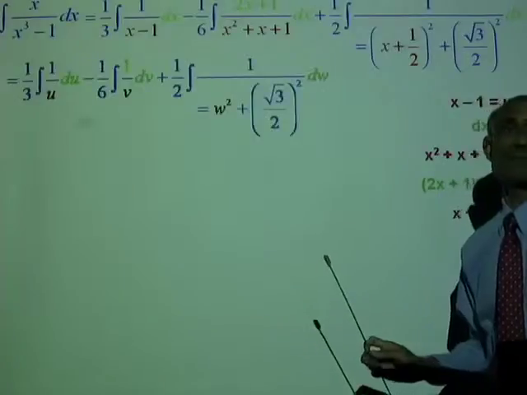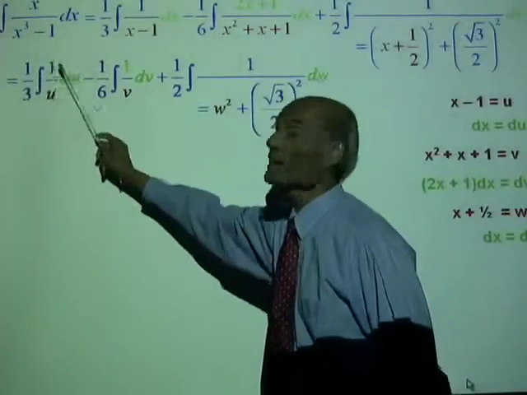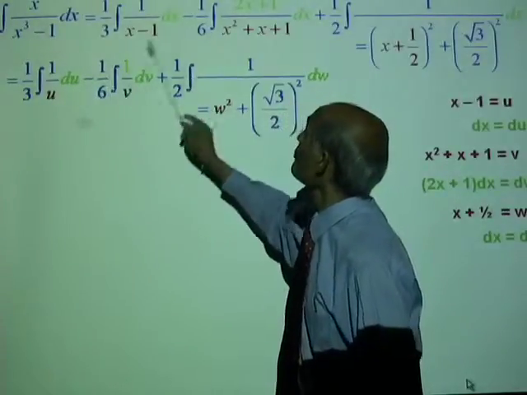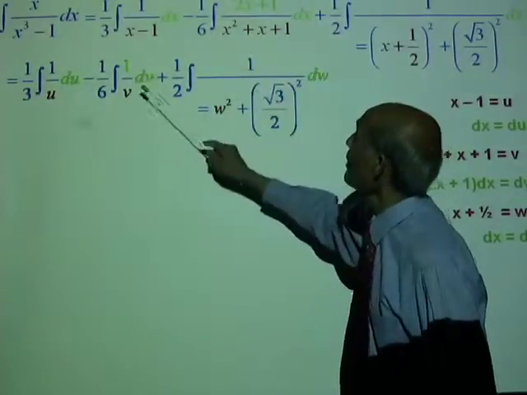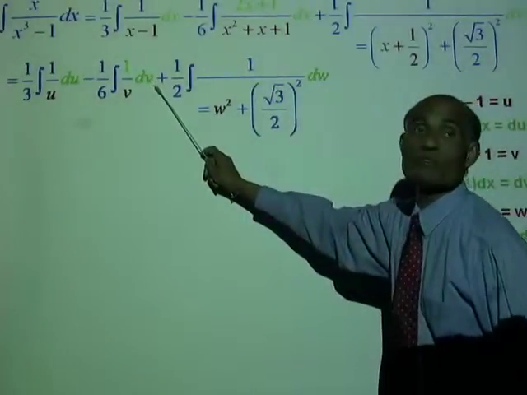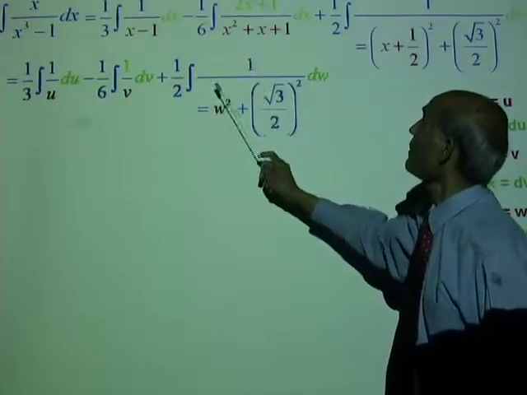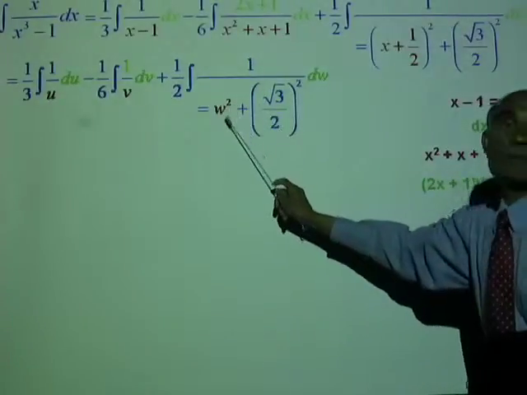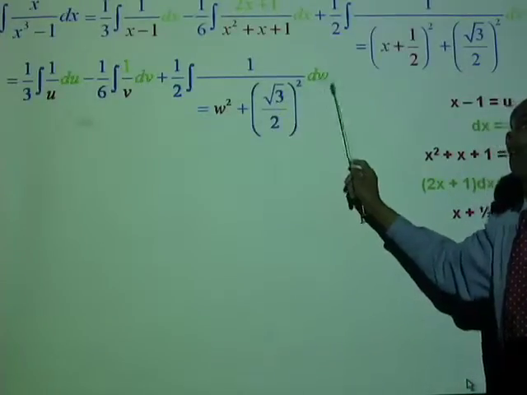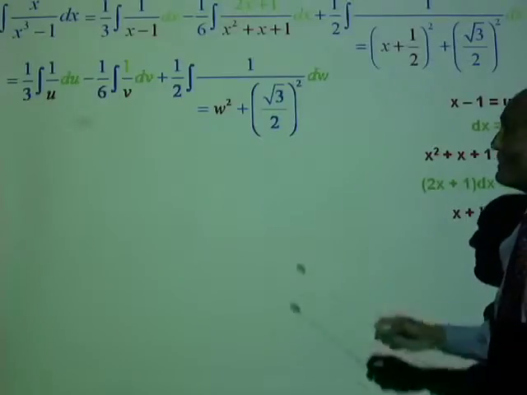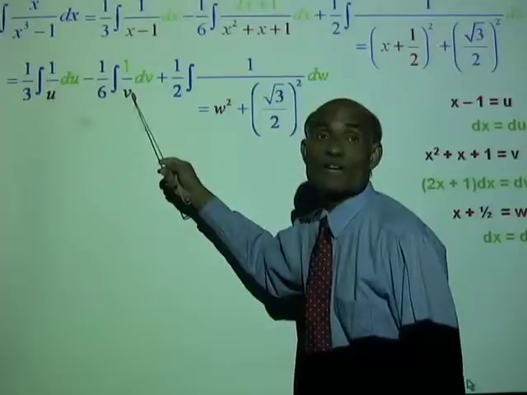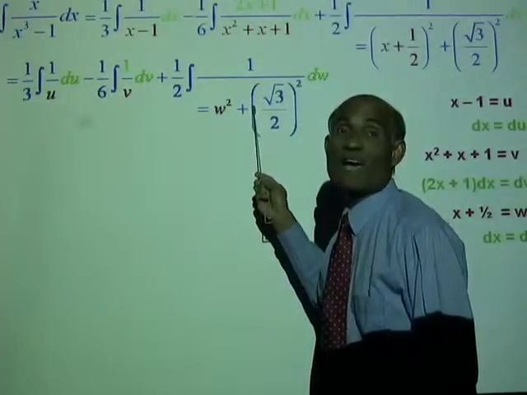What does our integral become? It'll be 1/3 integral 1 over u du minus 1/6 integral 1 over v dv, where 2x plus 1 dx is now your dv, plus 1/2 integral 1 over w squared plus root 3 over 2 all squared dw. All these can be integrated. This is the ln form, this is the ln form, this is the arctan form.